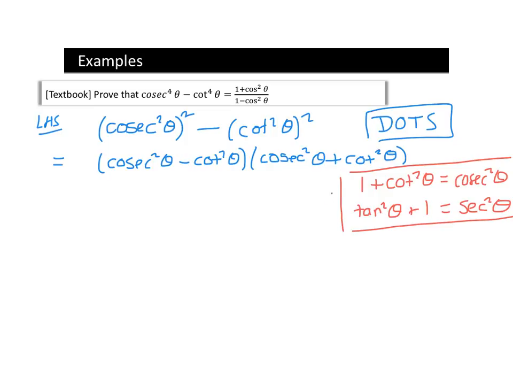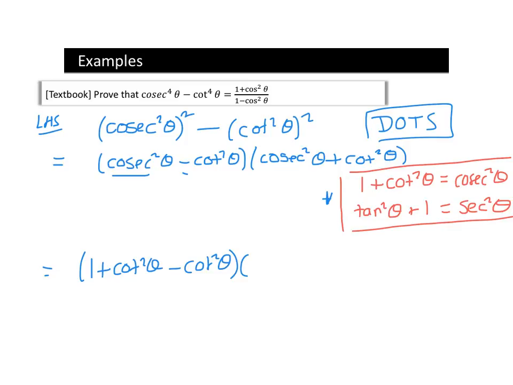Now using these identities here, I can take the first bracket, so cosec squared theta I can write as 1 plus cot squared theta. Then I've got minus cot squared theta.